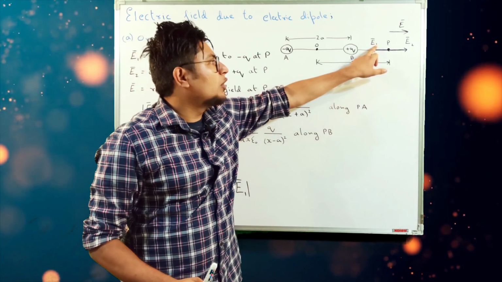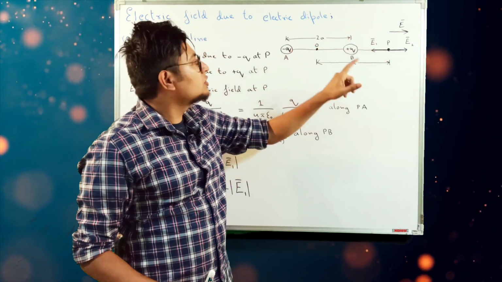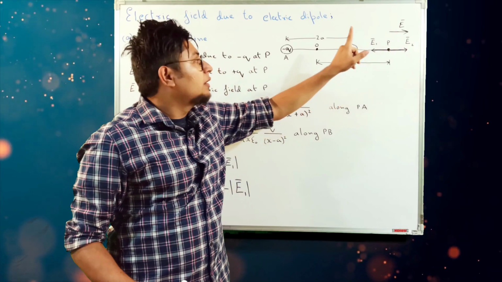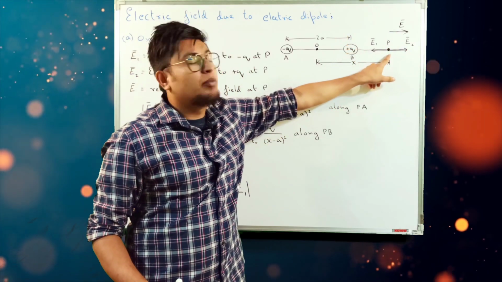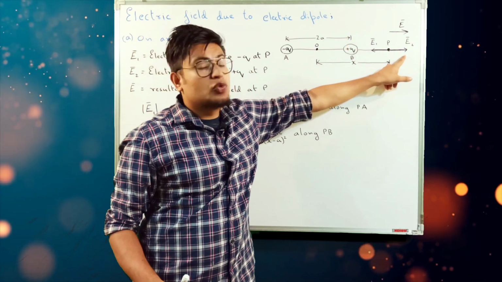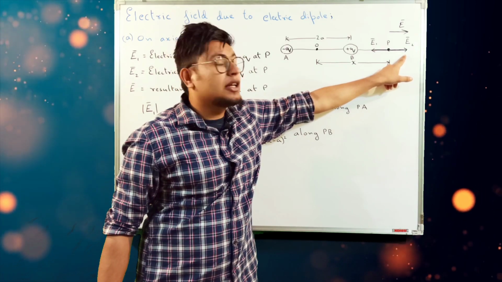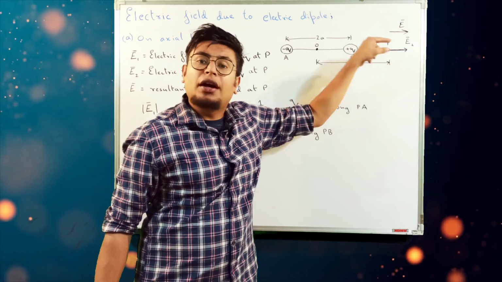Hence you have E1 acting on this side, towards the negative charge, whereas E2 is the electric field by plus q acting at point P. This is outward, since in the case of a positive charge the electric field points outward.